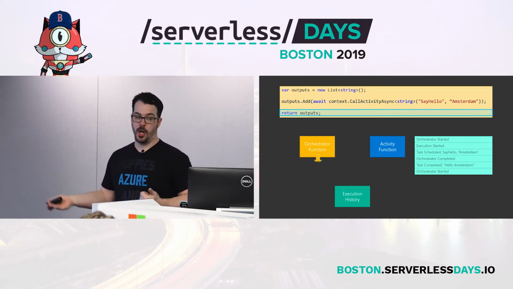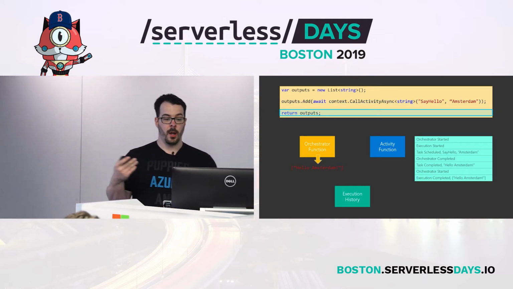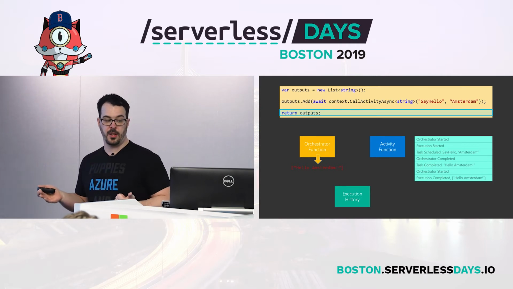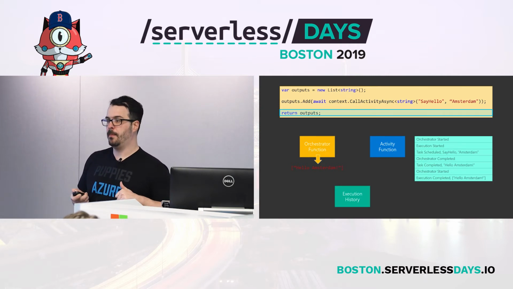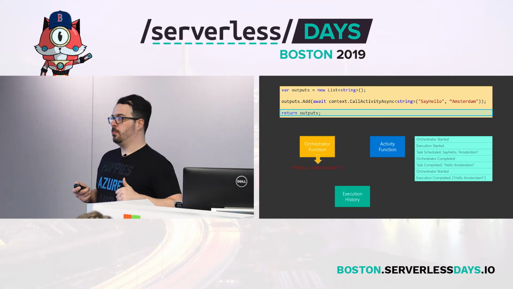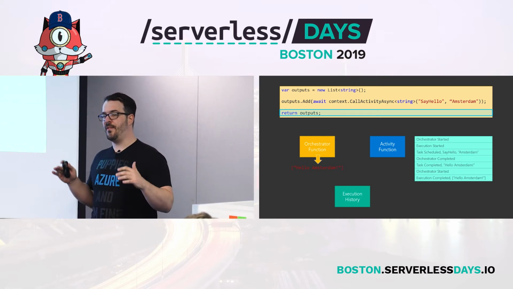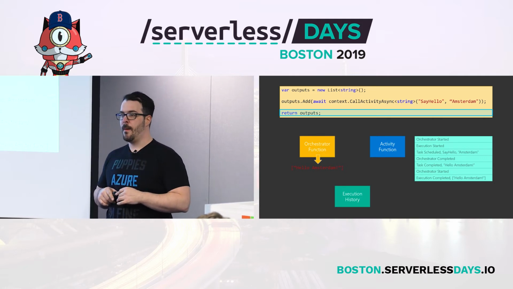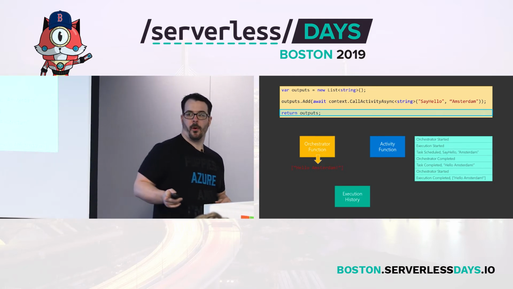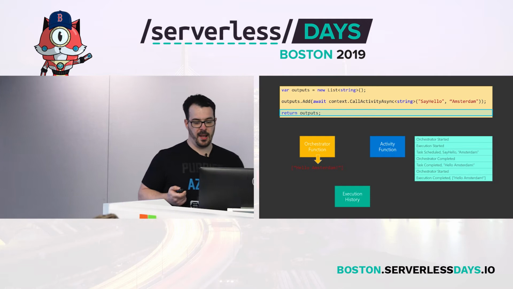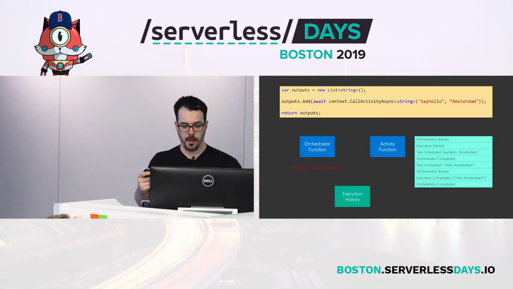And then we're going to return finally the outputs, and we're going to complete the execution with hello Amsterdam. So this looks super complicated to do something super simple. But it is important, because the next part is going to be super interesting.